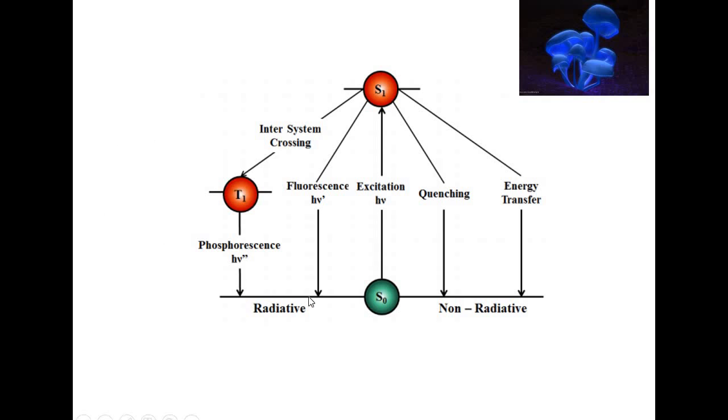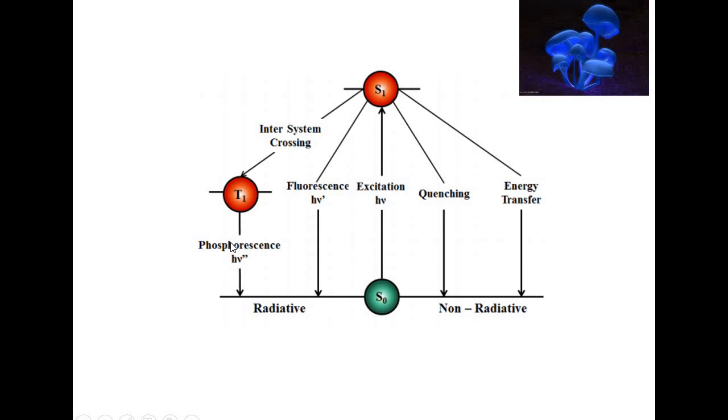One is the radiative pathway and the other is the non-radiative pathway. In the radiative pathway, there is fluorescence and phosphorescence. In fluorescence, electrons in the singlet excited state get back to the singlet ground state via the emission of light.